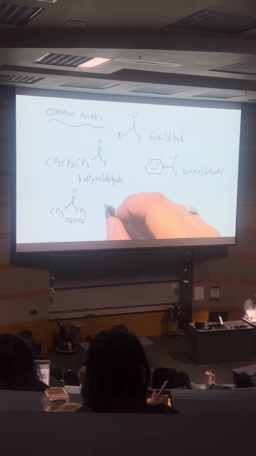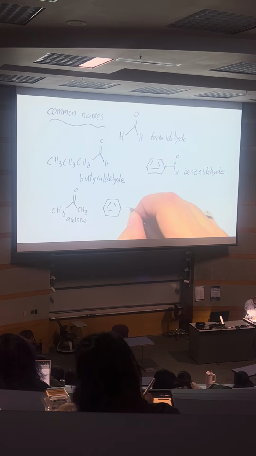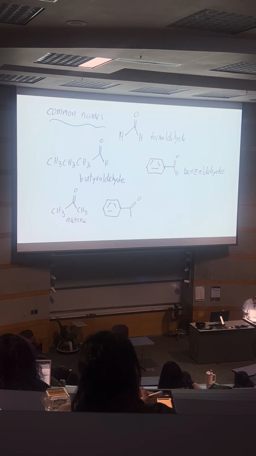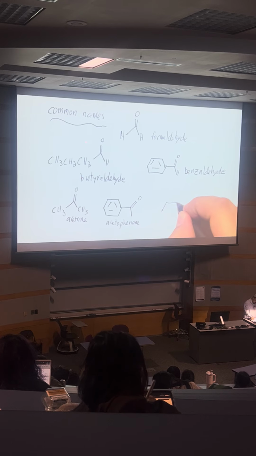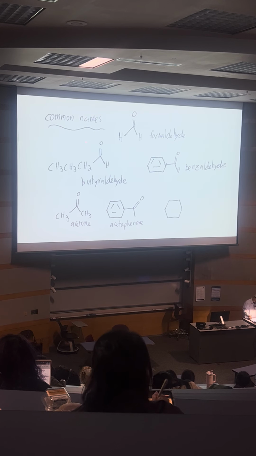One of the other groups that we were learning in the chapter of conjugated systems is the following ketone. This is acetophenone. You have 2 of these.